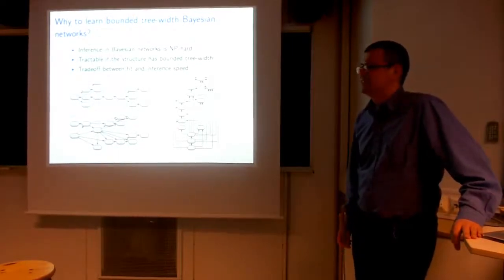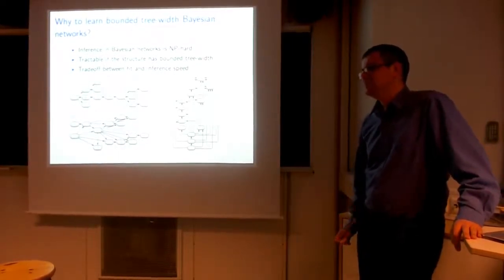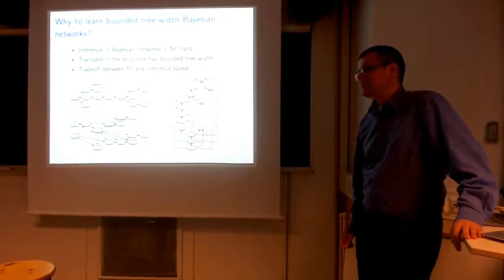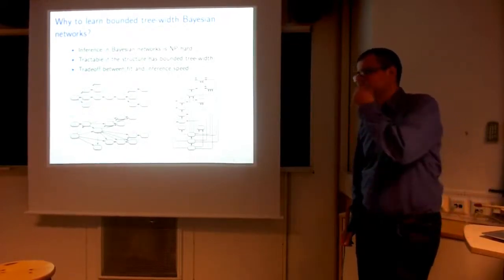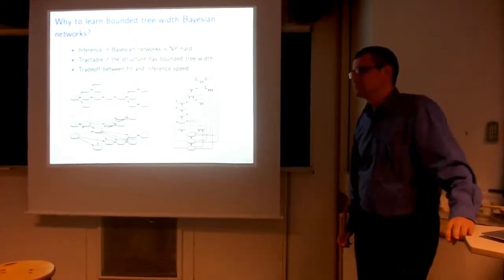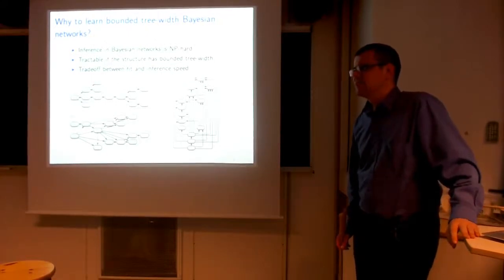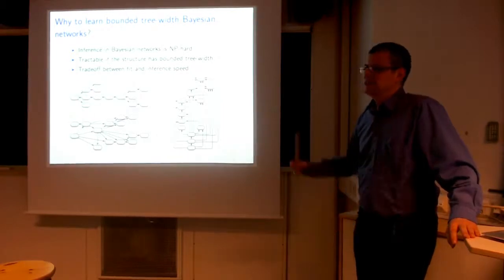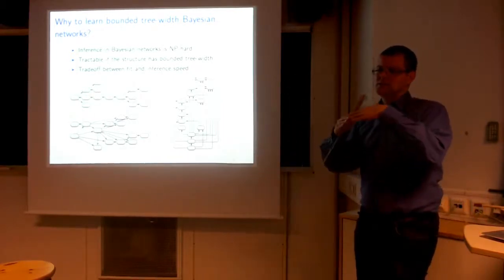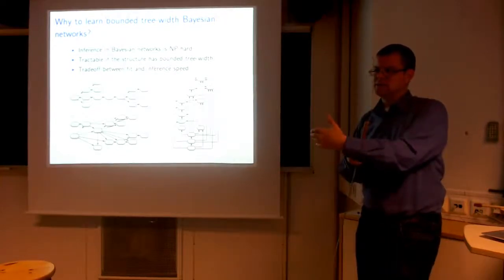I'm not sure if I understand it correctly, but you said in order to increase inference speed, you need to add more restrictions or more boundary conditions. Right? Yes. The smaller the tree width, the faster the inference.